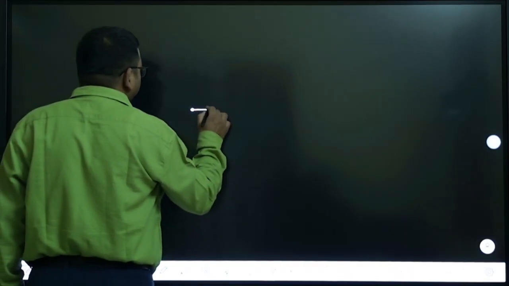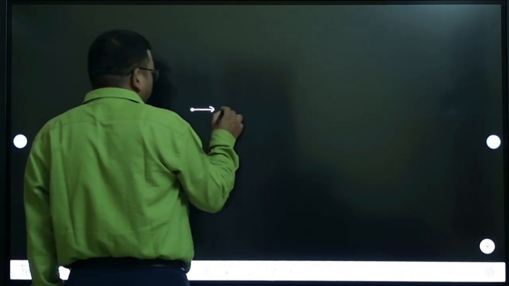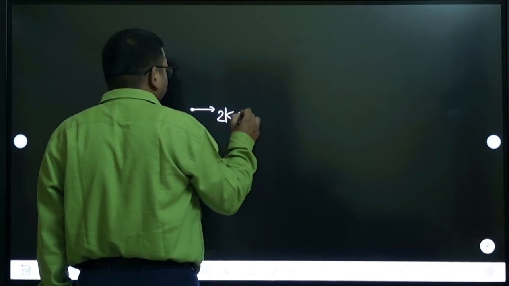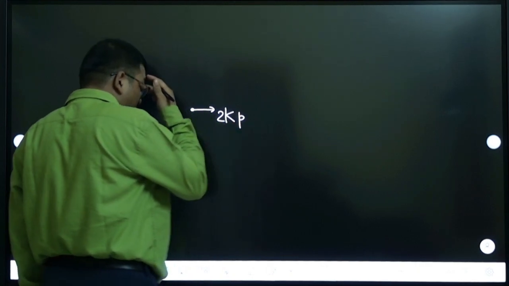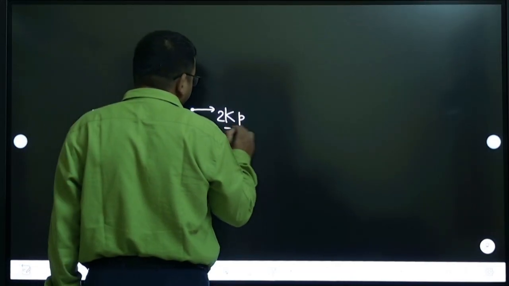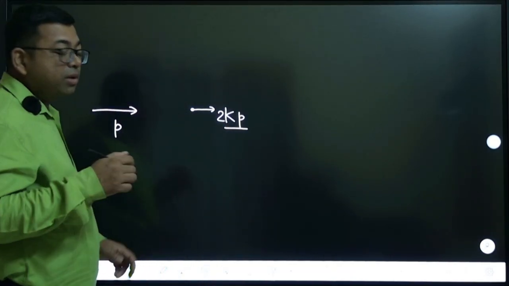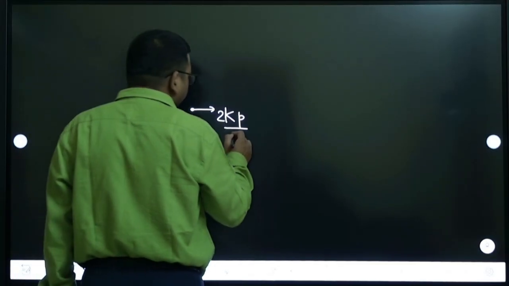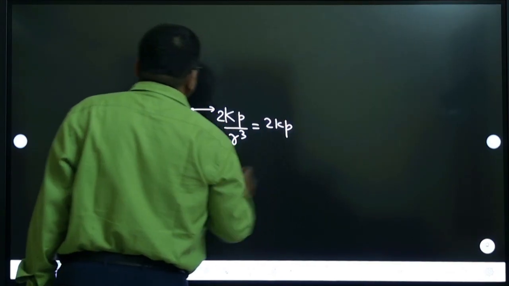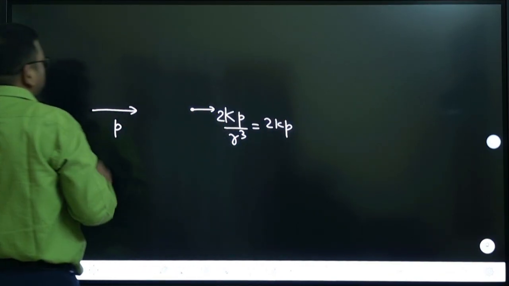That is the axial field. What is that field? I will write directly 2 times Kp by r cube, short dipole. R cube means 1 cube here. So this is also 2 Kp. What about this one?